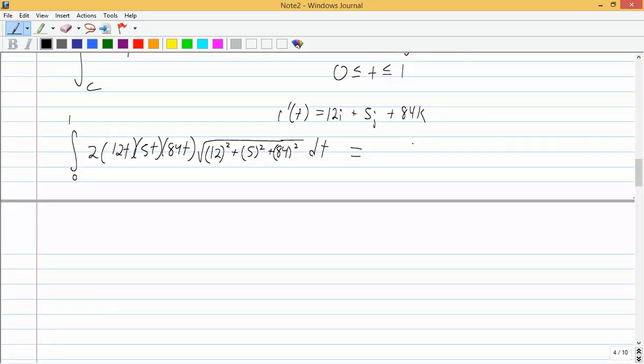So that's going to be the integral of a big number here. Let's see. We got 2 times 12 times 5 times 84. So that's a 10,080 t cubed. Let's see what the radicals equal to. Probably gave us something that's going to come out pretty. So 144 plus 25 plus 84 squared is 7,225, and the square root of that is 85.